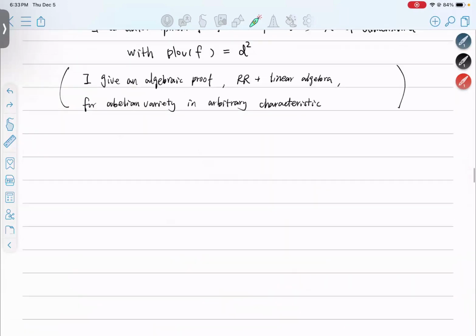So the easiest example is you just consider the Abelian variety, the nth power of an elliptic curve. And then you consider the automorphism given by maps coordinatewise, something like this one.